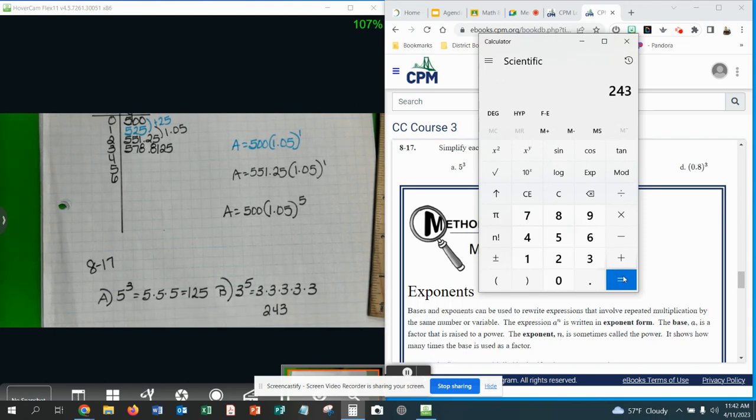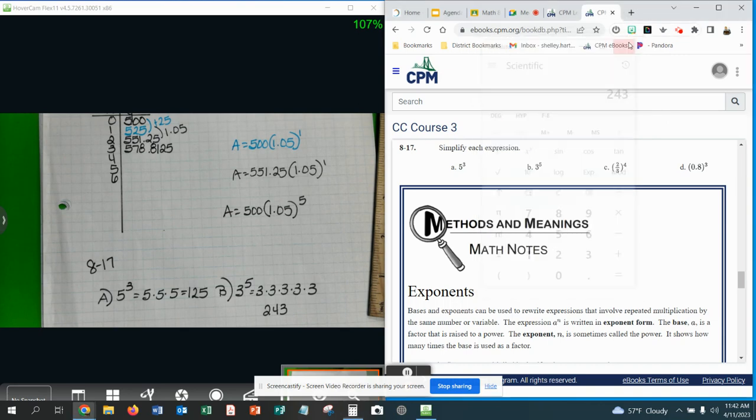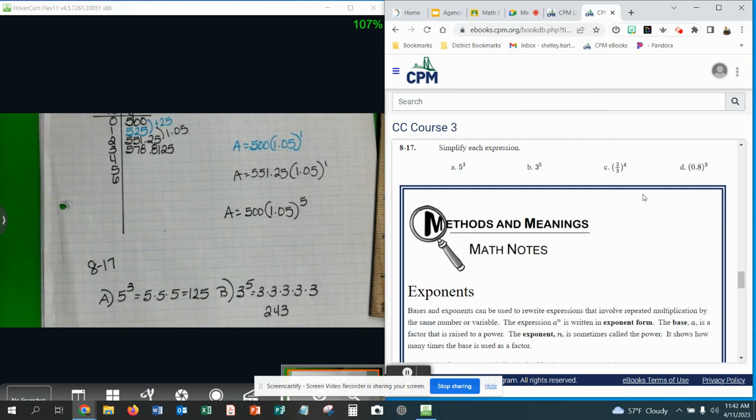Okay, let's try C. How are we feeling? We're going to try D, because for D, I don't want to do the fractions. So D is 0.8 to the what power? To the third. Perfect.